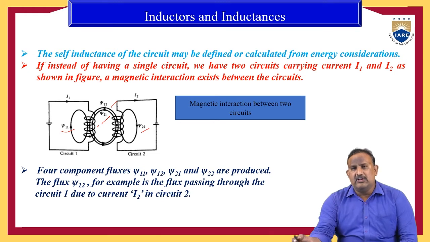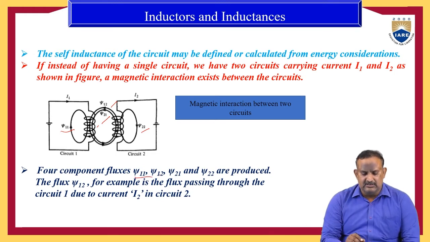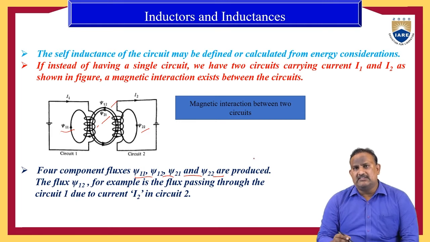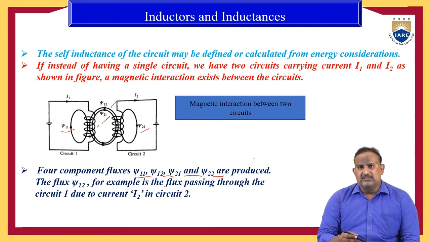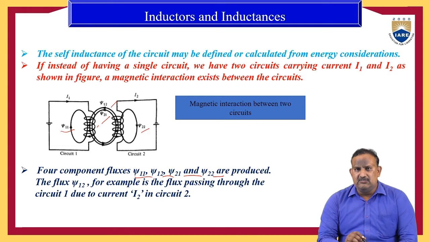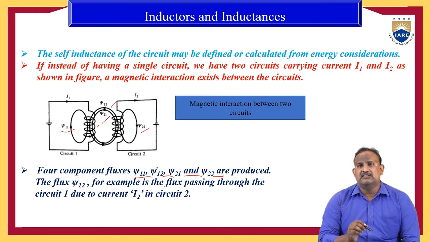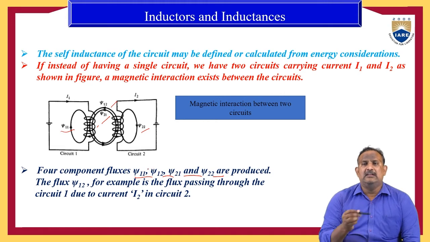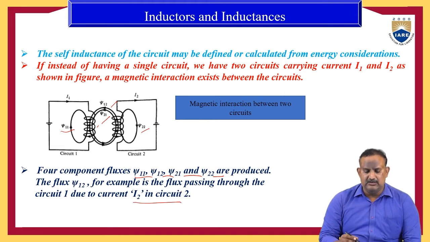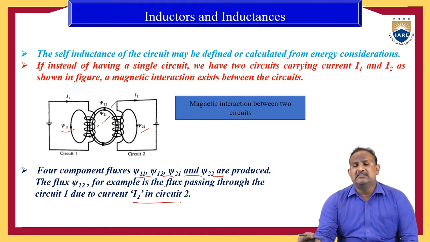So there are four important fluxes: psi11, psi12, psi21, and psi22. Psi11 and psi12 are the fluxes in circuit 1, psi12 being due to the current I2. Similarly, psi21 and psi22 are the fluxes in circuit 2.